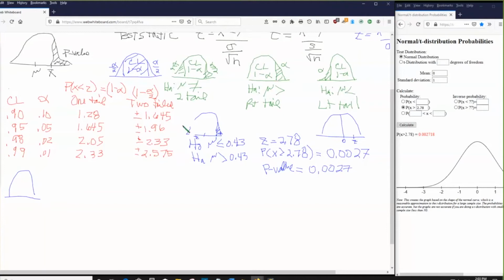So if it's going to be on the right, I'm looking for something bigger. If I'm going to have it on the left, I'm looking for something smaller. And I apologize, I just had my notes. This is the right.